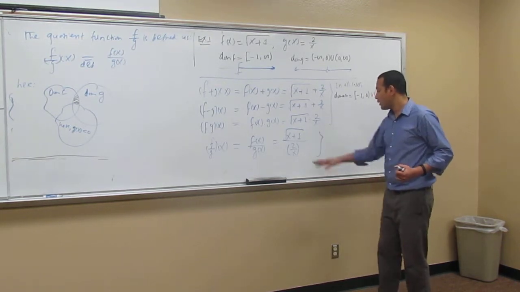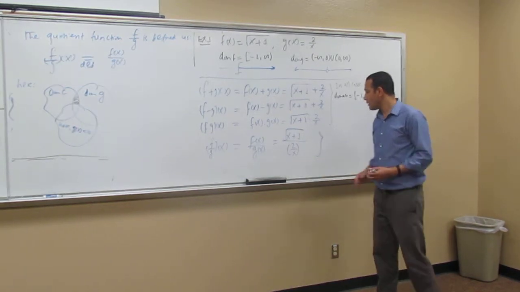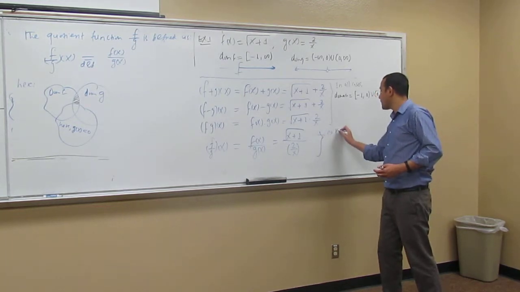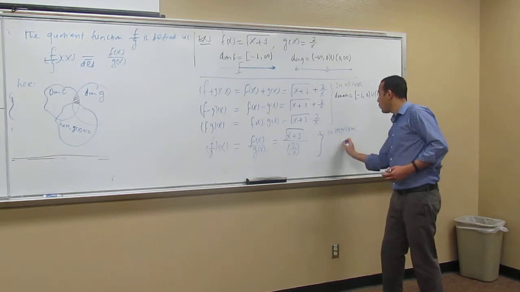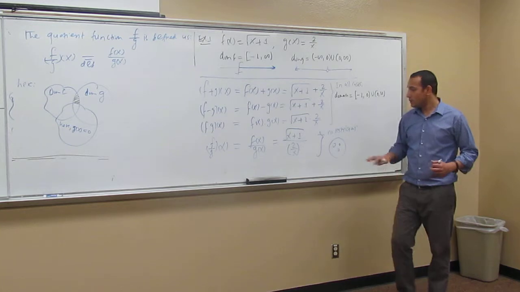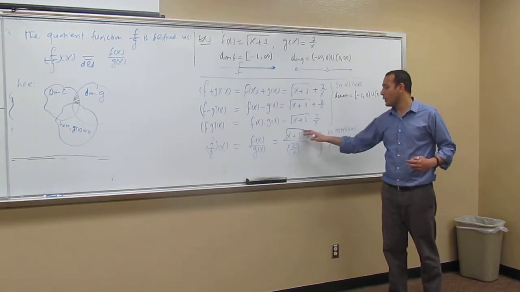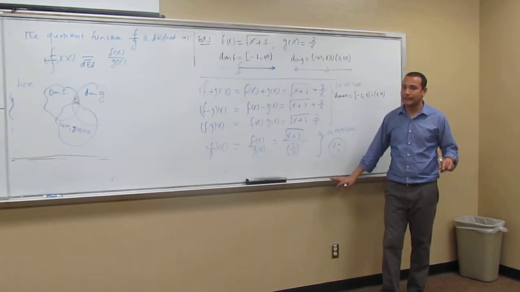But here 2 over x is never going to be 0, so this time we are lucky, no restrictions. But it may not always be the same case. You have to be careful when you are trying to find the domain of f over g.